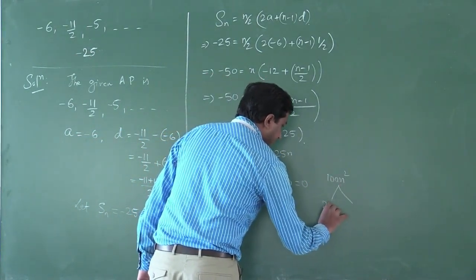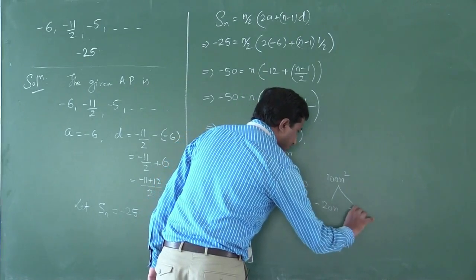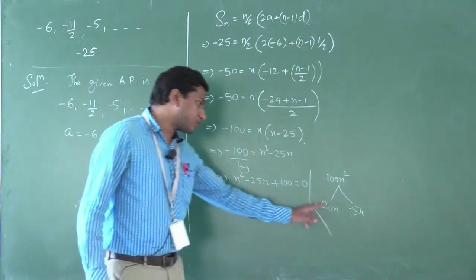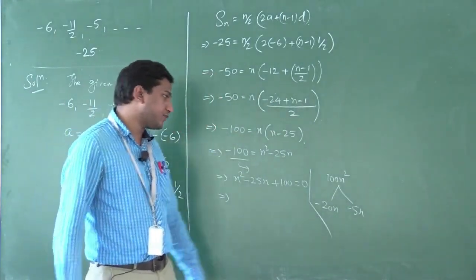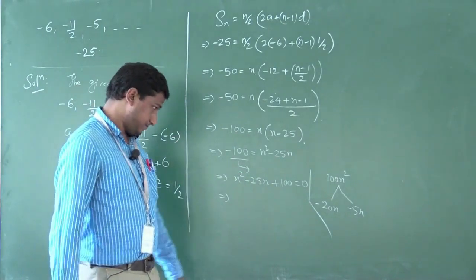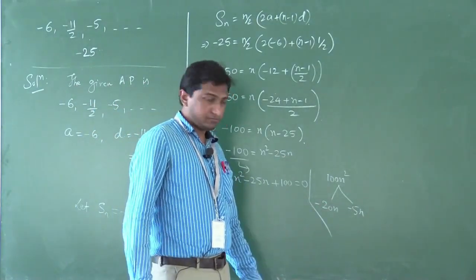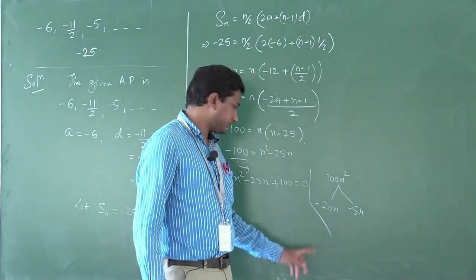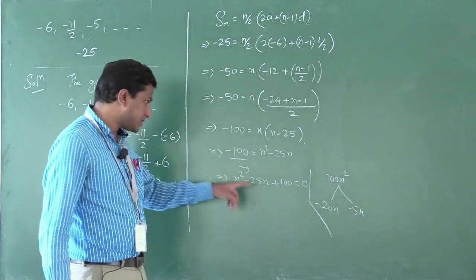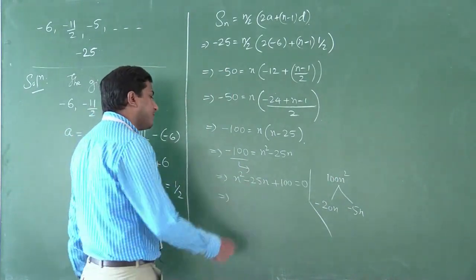I can take the factors as minus 20n and minus 5n. The product of minus 20n and minus 5n gives us plus 100n square, and the sum of these two factors, minus 20n plus minus 5n, gives us minus 25n.